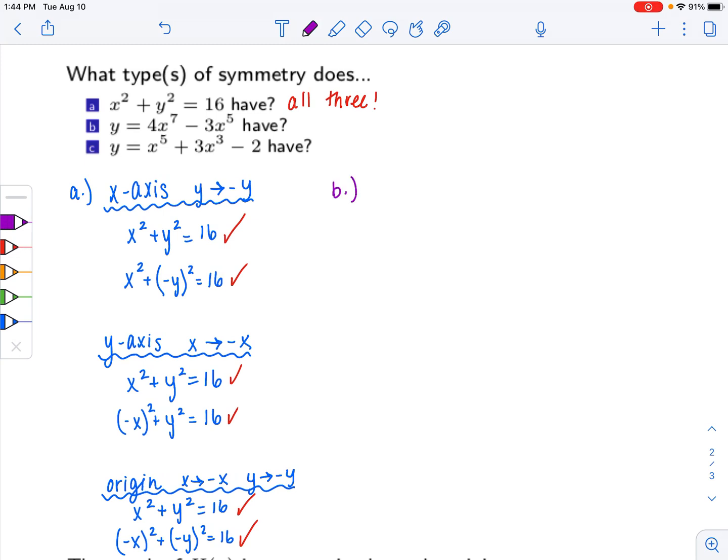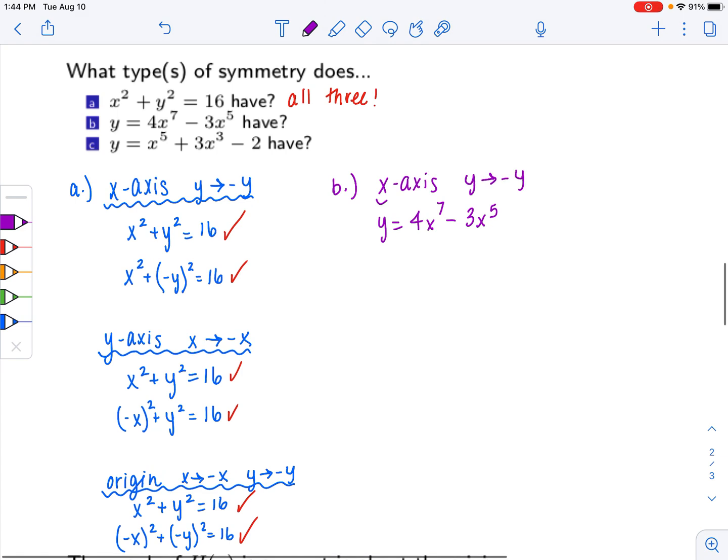Part B. Y equals 4x to the 7th minus 3x to the 5th. Let's try if it's x-axis. Again, y goes to negative y.